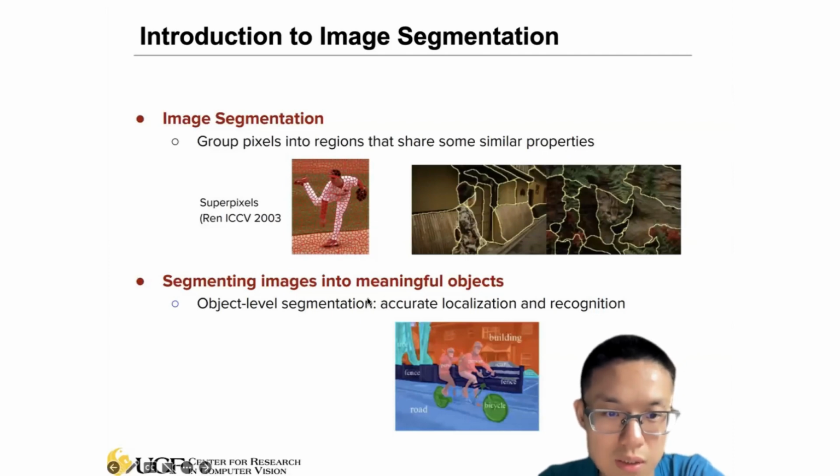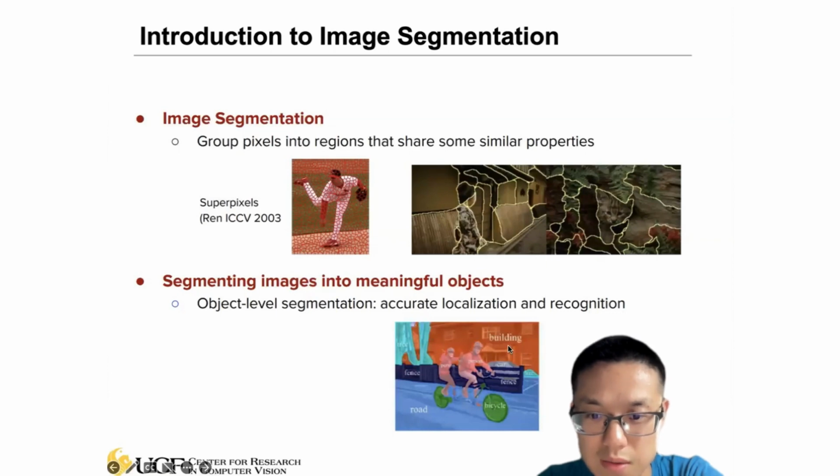And we can also view image segmentation as grouping pixels into meaningful objects, right? This is object-level segmentation. We want accurate localization and recognition of the objects. As shown in this example, we want the grouping of the pixels to have some semantic meaning.